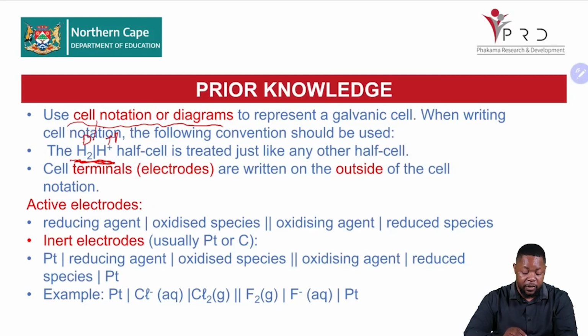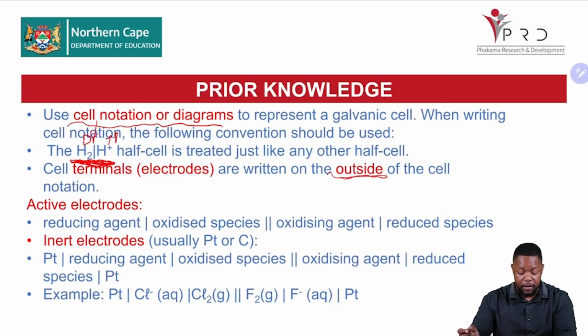Pay attention to the line that is drawn between the H2 and the H+. The line means that there is a phase change from gas to aqueous. The cell terminals, which we call the electrodes, are written outside the cell. If you look at this notation, the electrodes are not indicated.